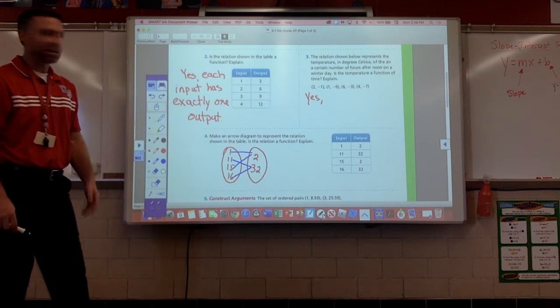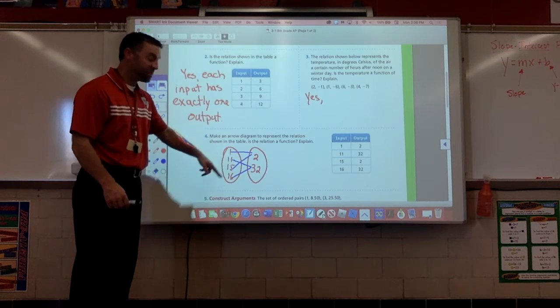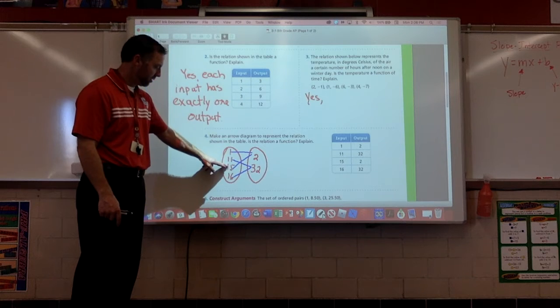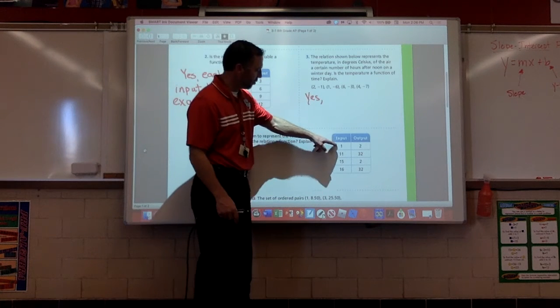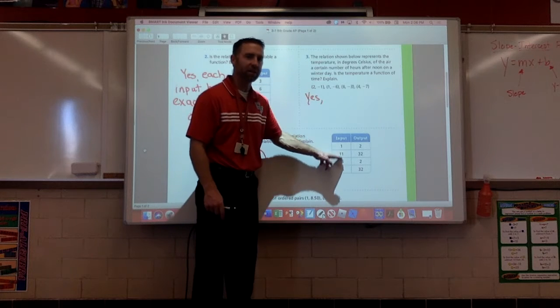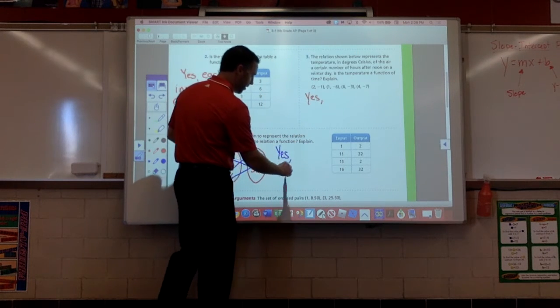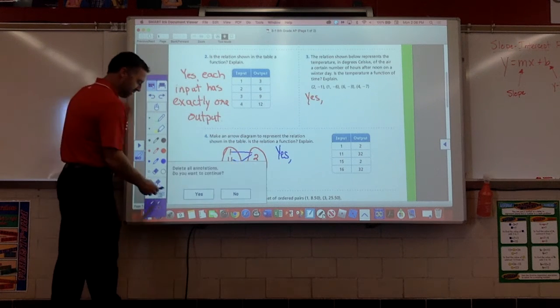Is this relation a function? Well, go to the inputs. Do any of these have more than one arrow? No. Or if I just look at the table, 1, 11, 15, 16, none of these input values repeat. Yes, this is a function. Why? Each input has exactly one output.